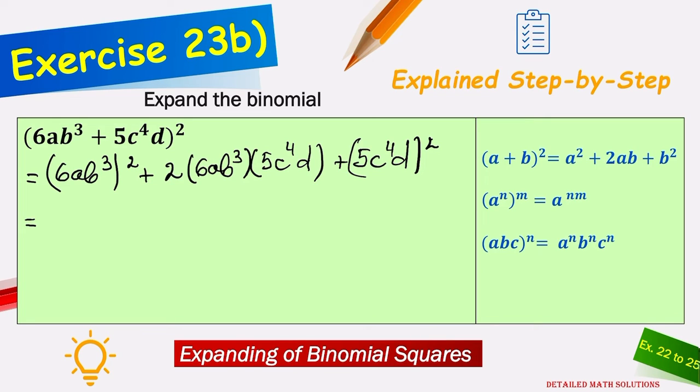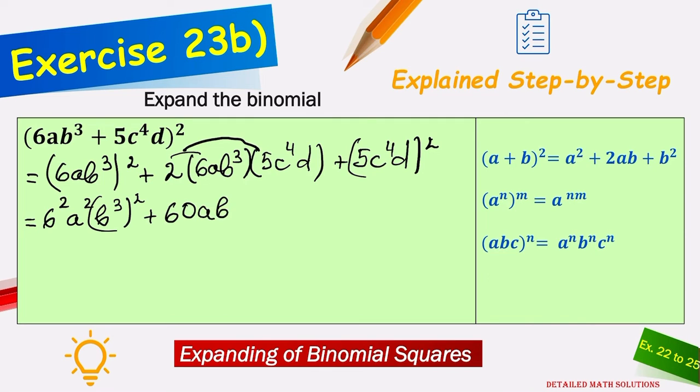Again, we need to distribute the exponent 2 to each factor of the first term. This equals 6 squared a squared b cubed squared, plus then we need to multiply numerical parts again. 12 times 5 is 60.